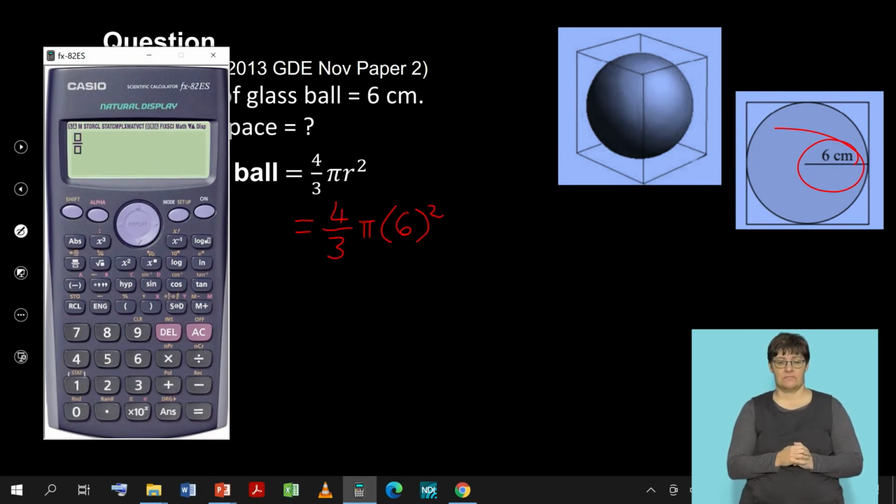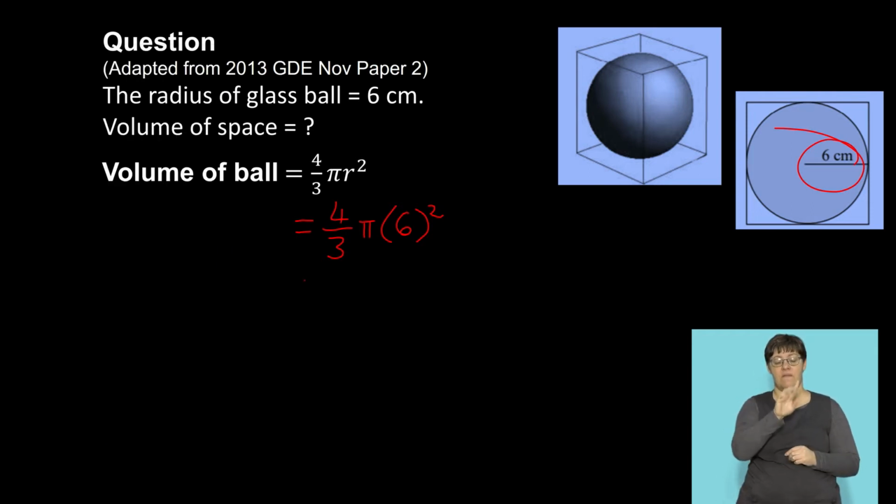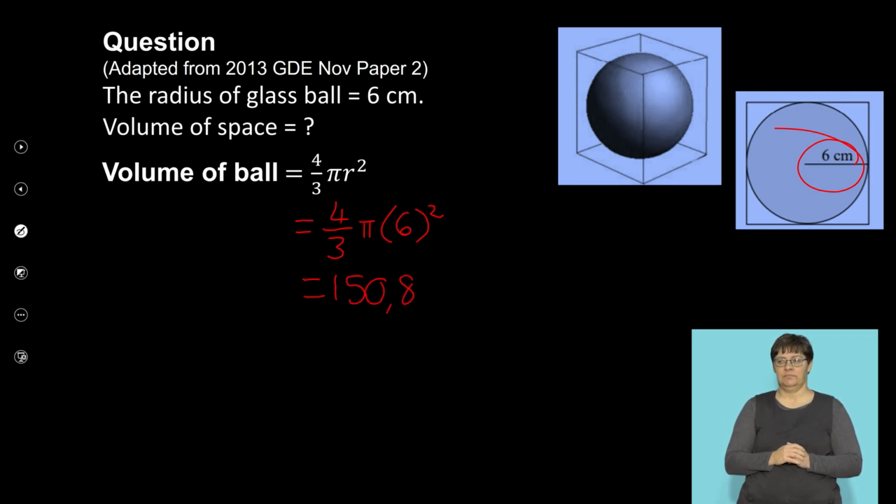So it is 4/3 multiplied by pi multiplied by 6 cubed, which is going to give me 150.8, because if I round to the first decimal place, that 796 will become 8. So 150.8, and we know it's centimeters cubed because it is in fact volume.